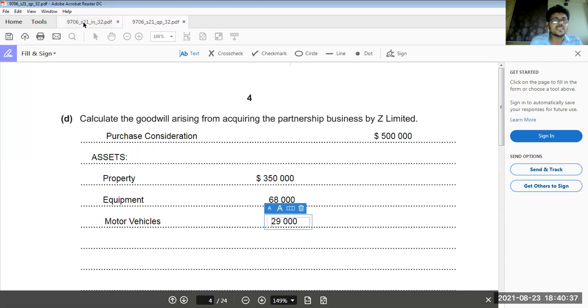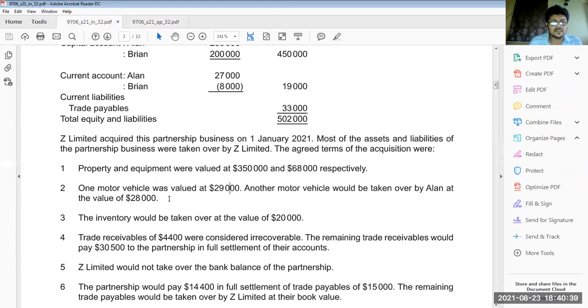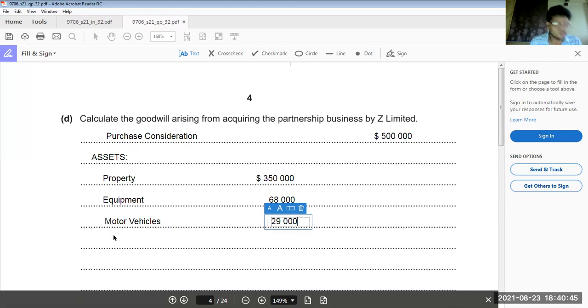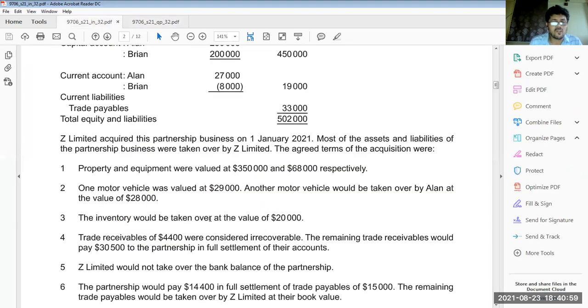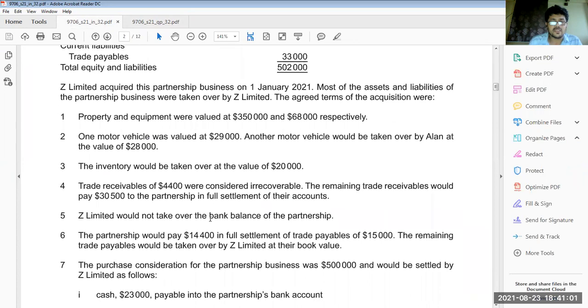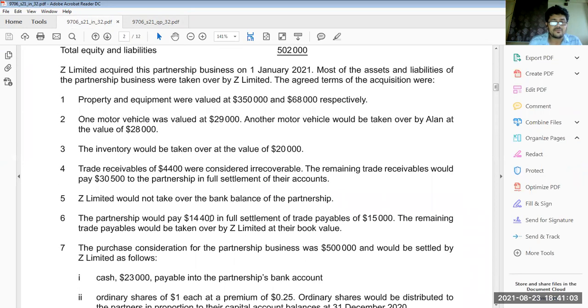Inventory 20,000. And 18,000 is accounts payable.